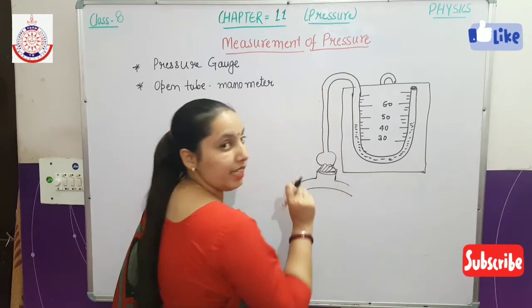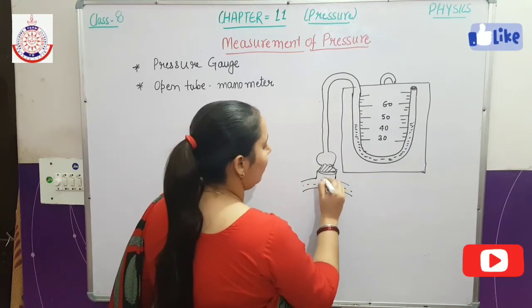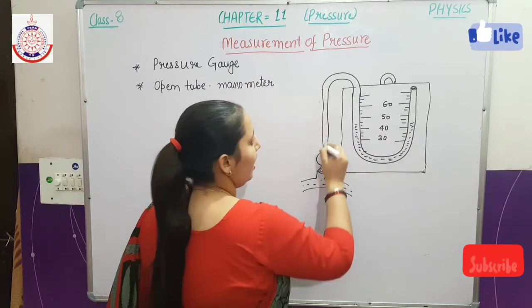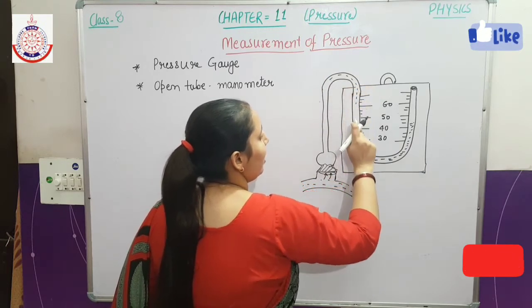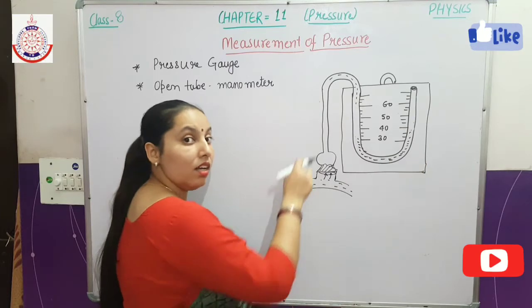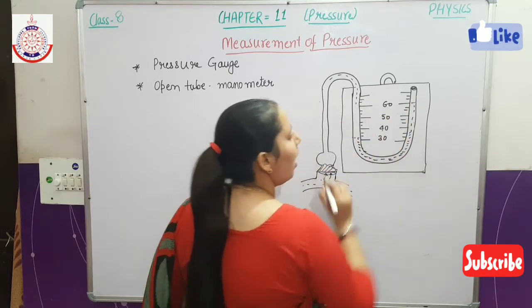Now the air present in the tire applies some pressure on it. Some air enters, and there will be some mismatch in the liquid level. This will go down and this will go up.